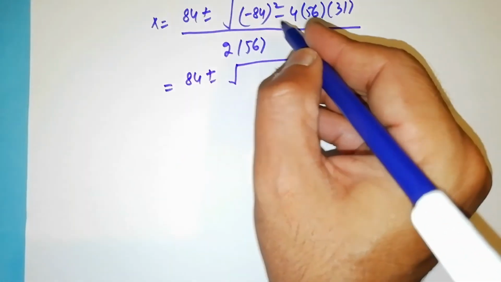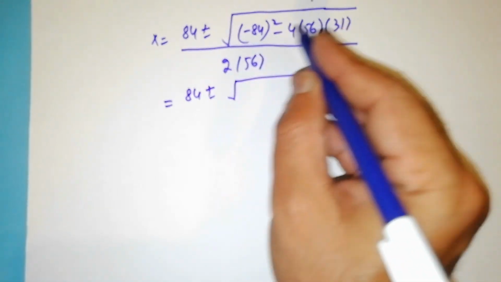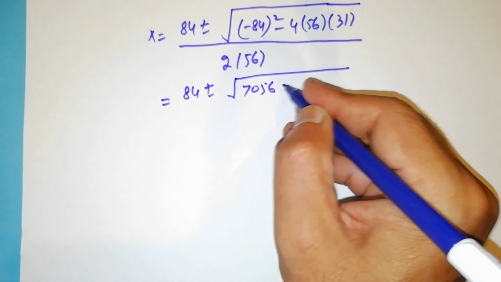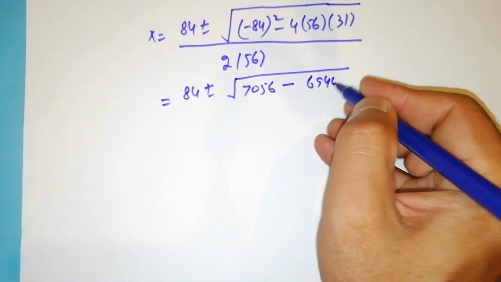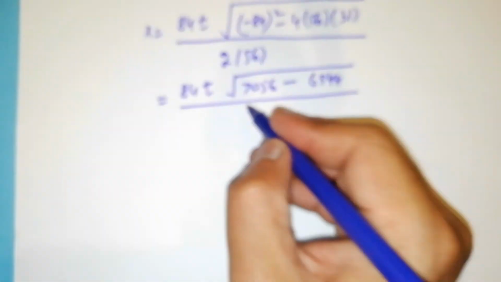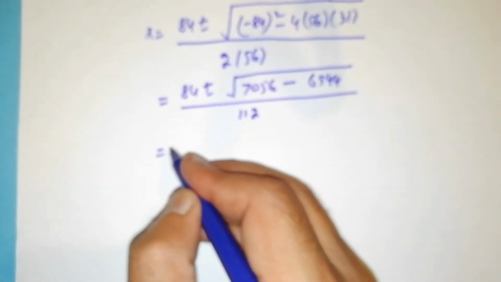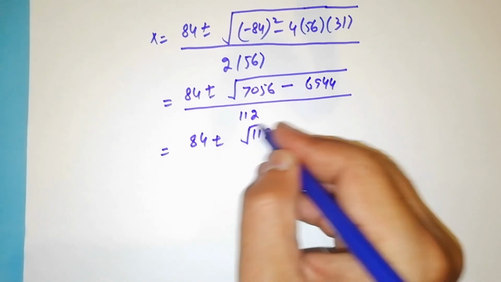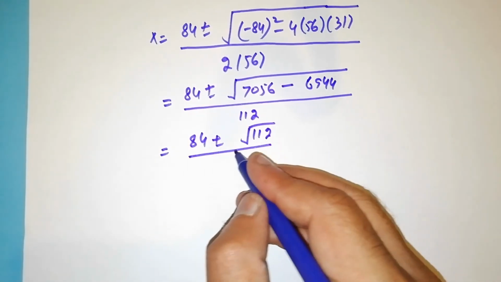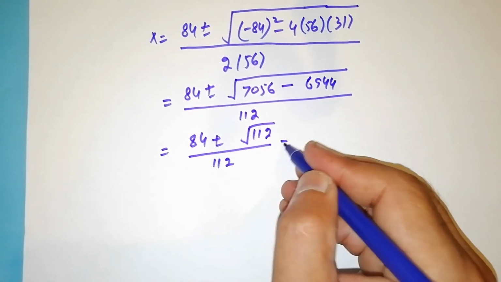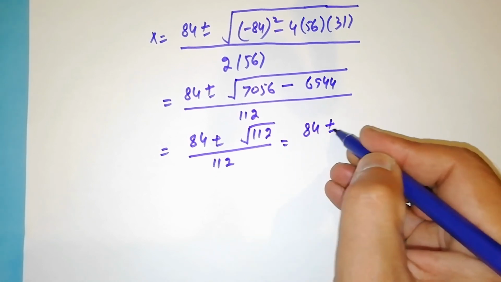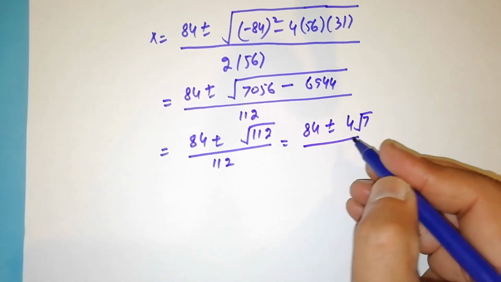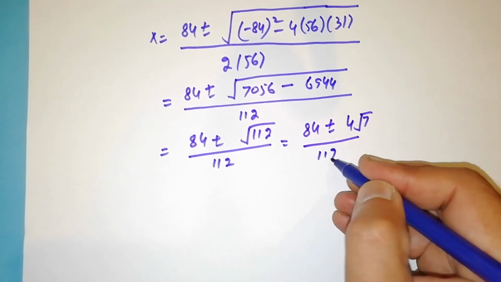Students, this calculation by using calculator easily you can do. So 7056 minus 6944 divided by 112. So we have 84 plus minus 112 and 112. This can be written as 84 plus minus 47 square root divided by 112.